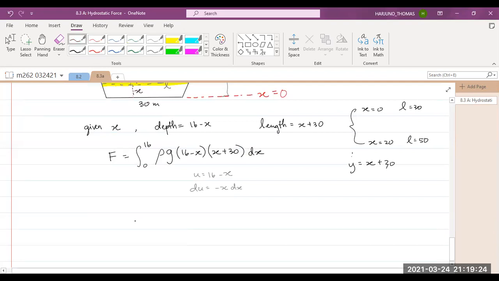Such that my integral will be, this will be 16, this will be 0, rho g u. What is this? x equals 16 minus u, so x plus 30 will be 46 minus u, negative du.